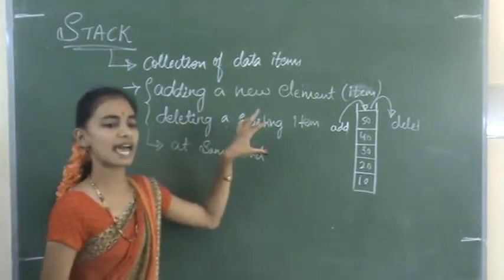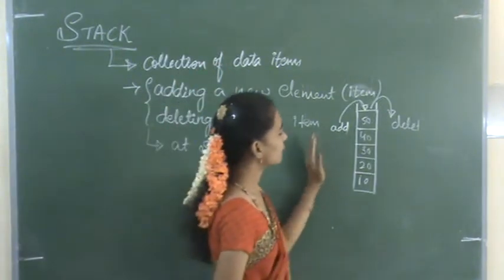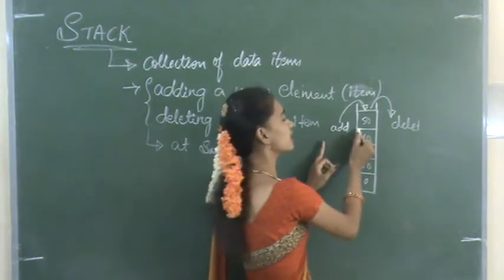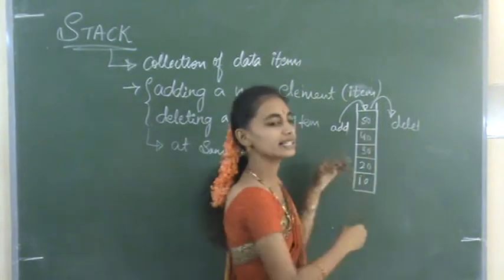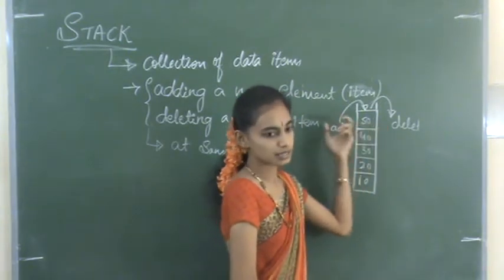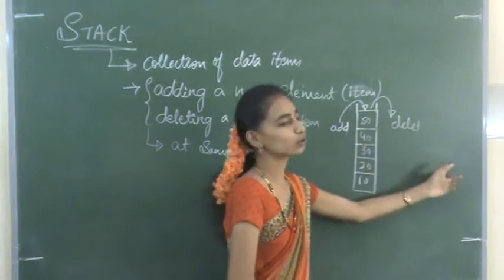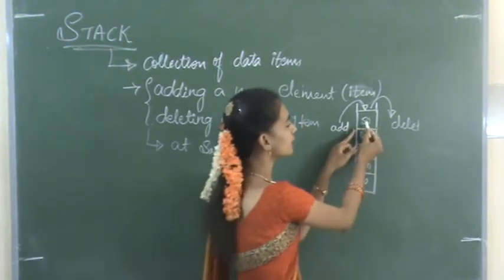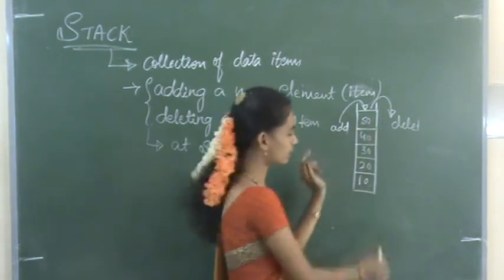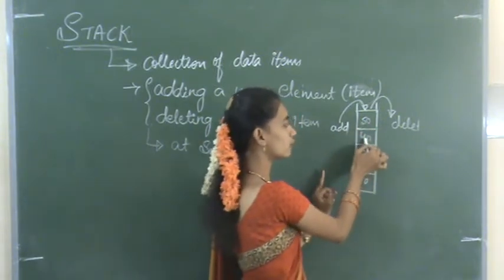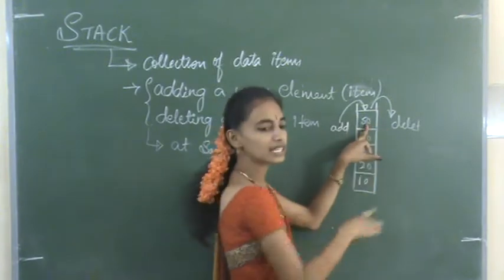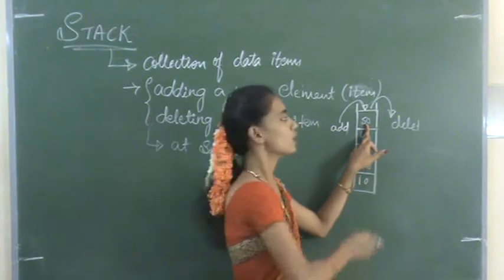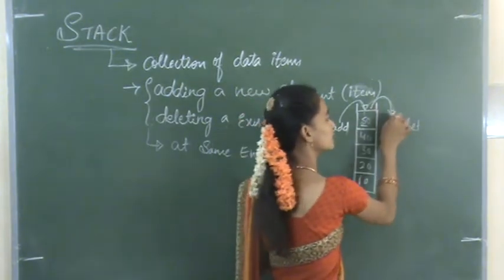In this stack, the data which was inserted last, or most recently, will be removed first. Suppose consider this as a stack. First I inserted 10, 20, 30, 40, 50. So this 50 is the recently inserted, and this will be removed first.